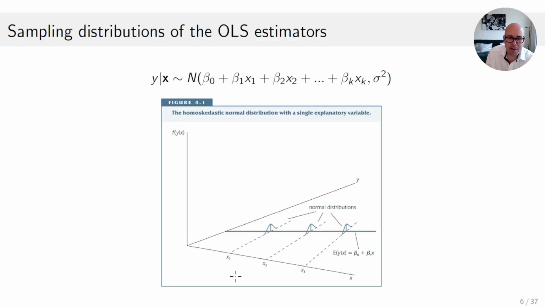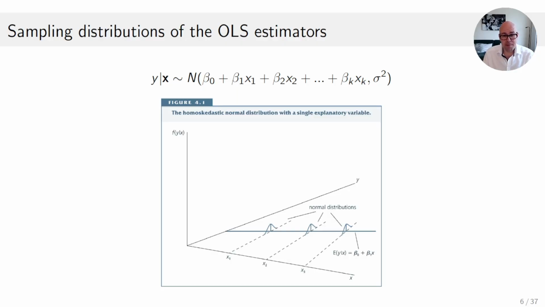So under the assumptions on the previous slide, what I'll have is that I have a normal distribution for the y given that x, and I have a normal distribution here, I have a normal distribution here, and I have a normal distribution here, and they're all the same normal distribution because for a given x, the distribution in the y only comes from the error term u, and we have assumed that that distribution does not depend on x.